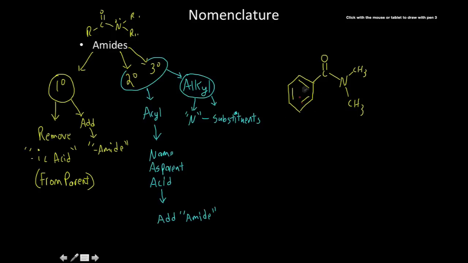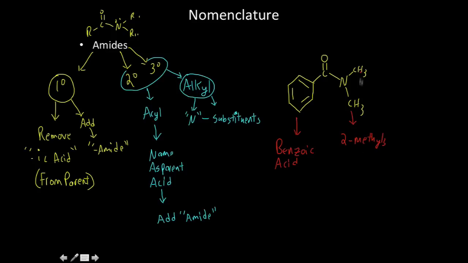Okay, so for naming this compound, I'm going to just follow along with my rules. I have my acyl group over here, and then I have my alkyl groups that are attached to my nitrogen atom. The acyl group, the parent name of this acid, if I were to just imagine replacing this with an OH group, would have been benzoic acid. And my alkyl groups have 2 methyl groups attached to it.